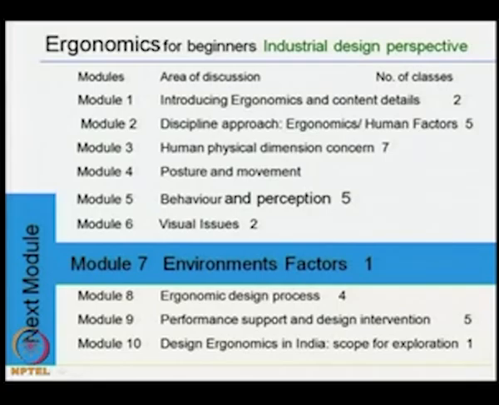So, the next module, module number 7, we should proceed from here, that is environmental factors: heat, humidity, ventilation, etc., vibration, and how they affect our performance and how they can be applied in design activities, so that we can get maximum benefit out of these applications.